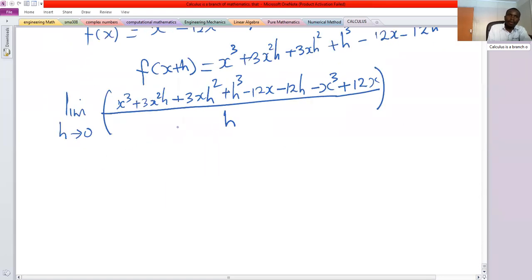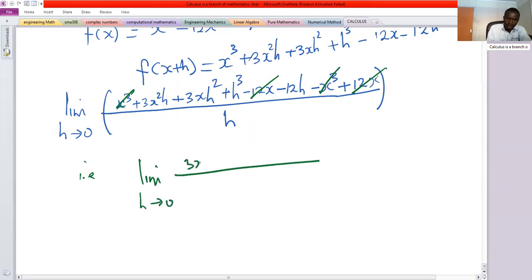Now, in this step, x cubed and minus x cubed cancels, minus 12x plus 12x cancels out. So that we have limit as h approaches 0, 3x squared h plus 3x h squared plus h cubed minus 12h divided by h.